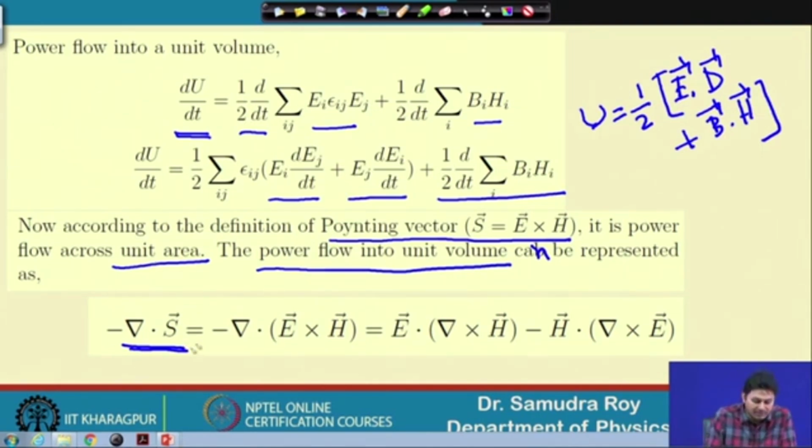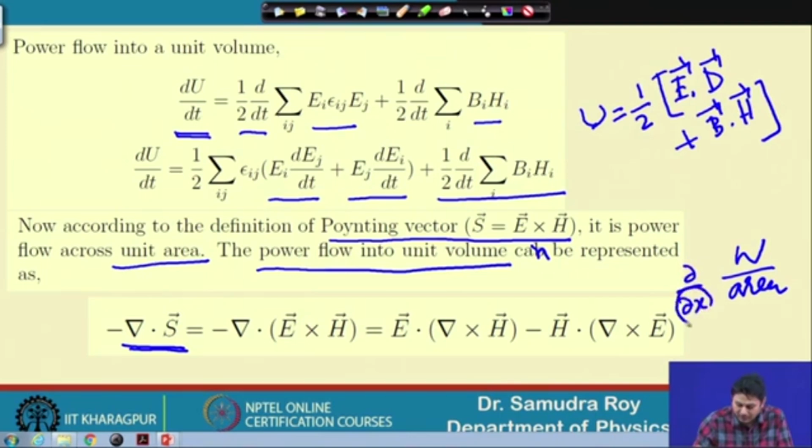So, unit wise, S is the amount of power flow per unit area, so it is watt divided by area. Now when we take the divergence of this quantity, that means you are making some kind of operation like del by del x.